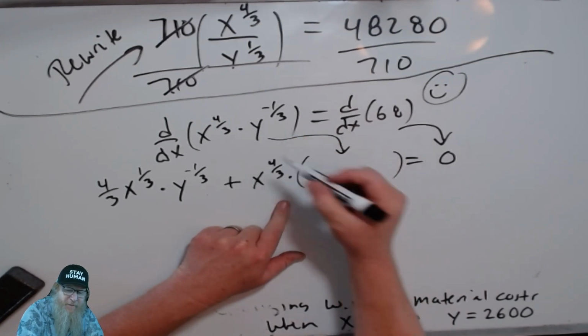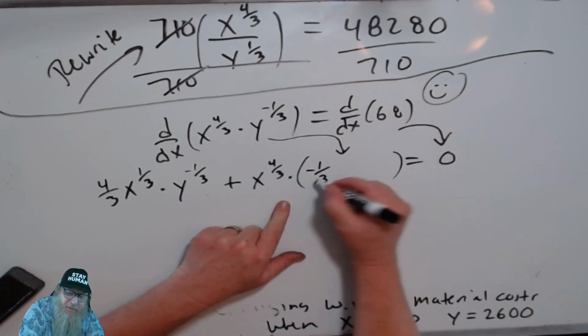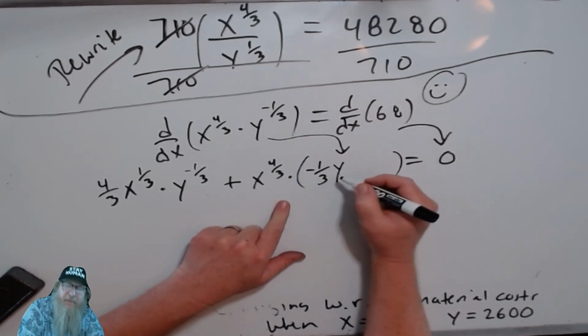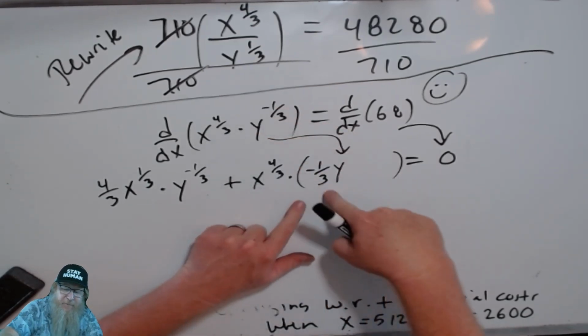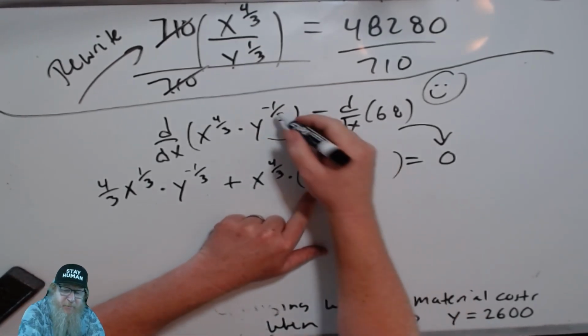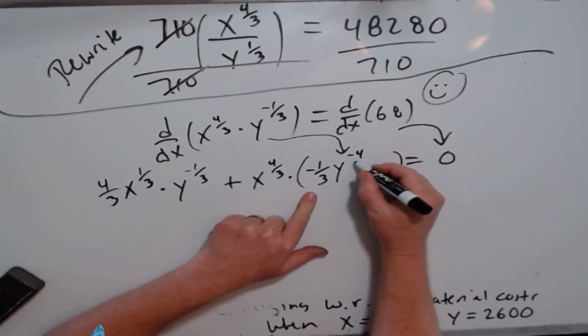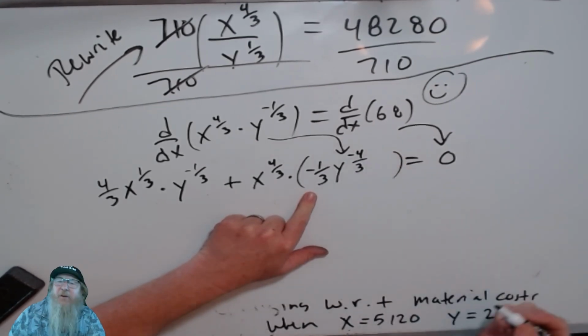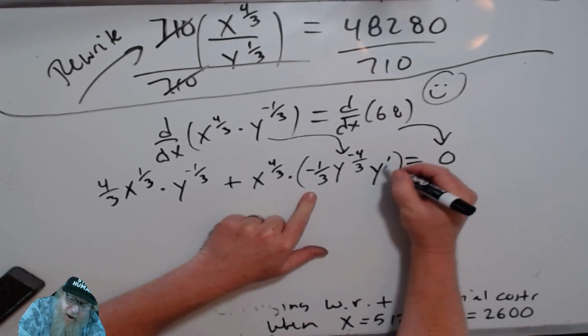So the derivative is going to be negative 1/3. Yeah, bring the negative 1/3 down in front. Subtract 1, so that becomes y to the negative 4/3. And then y prime.